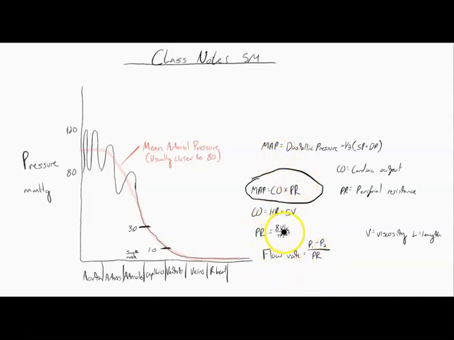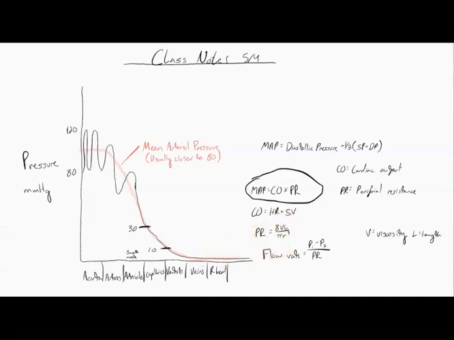Actually, peripheral resistance is resistance from your blood flowing through, how thick it is, how long the artery is, and how wide your arteries are as well.